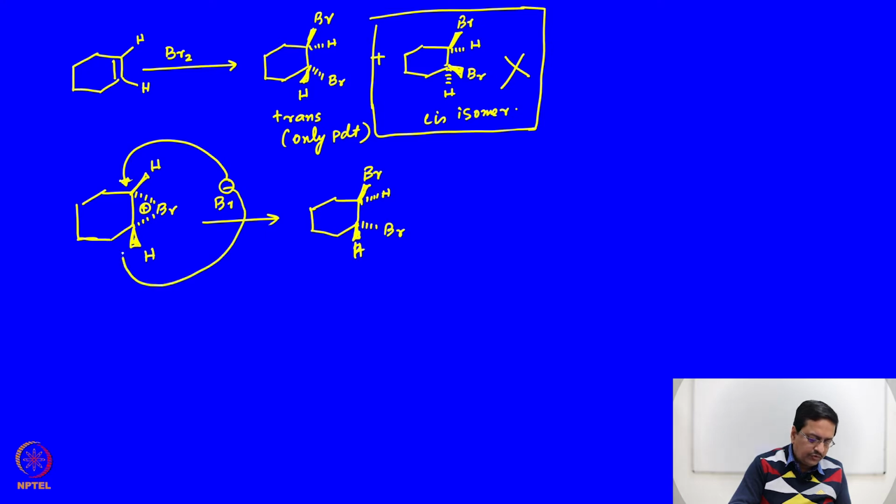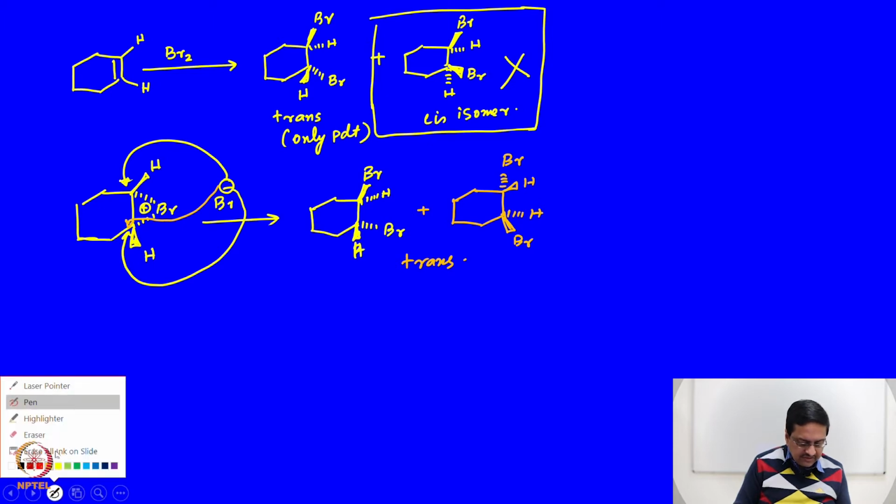If the bromine attacks from the bottom here, then also you get the same product. If bromine attacks from the top on this carbon, you would get bromine up, hydrogen down, and in that case the bromine on this carbon will be down. So it always forms the trans isomer.